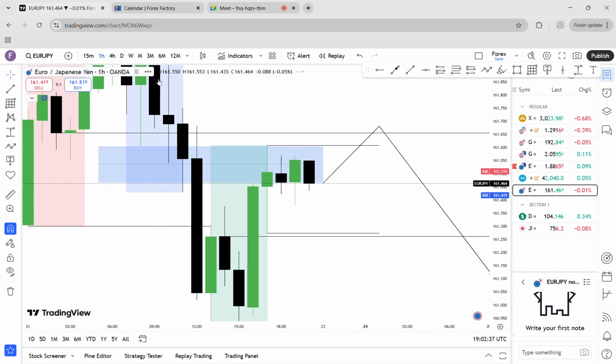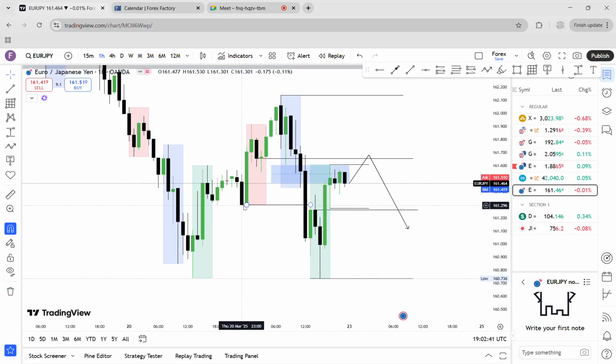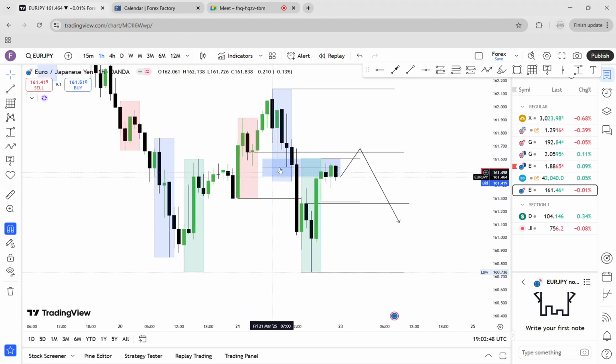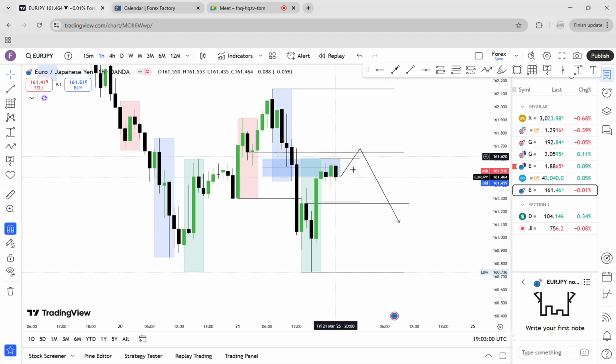Because in the 1 hour, what do you see? Right here, a low, a high, then we broke this low. Price hasn't retested this area. So we created what is this? A balanced area, a form of inside bar in the 4 hour, but it's a balanced area, right? Which means price can only just use this 4 hour area.